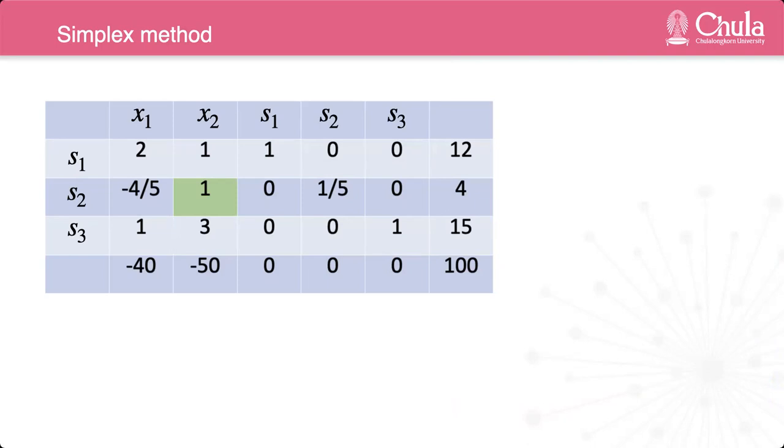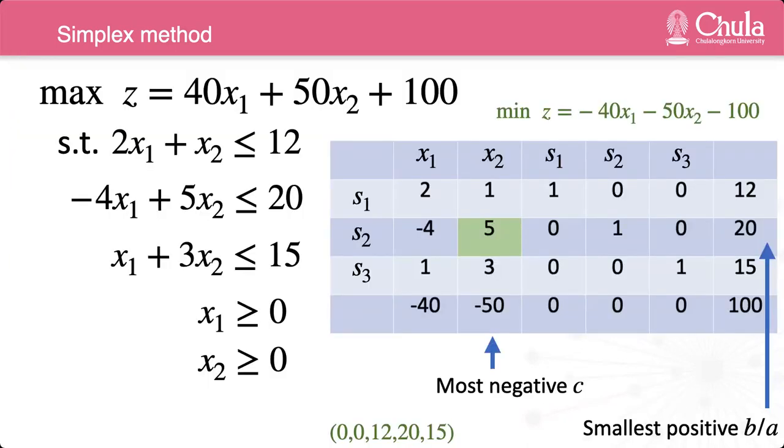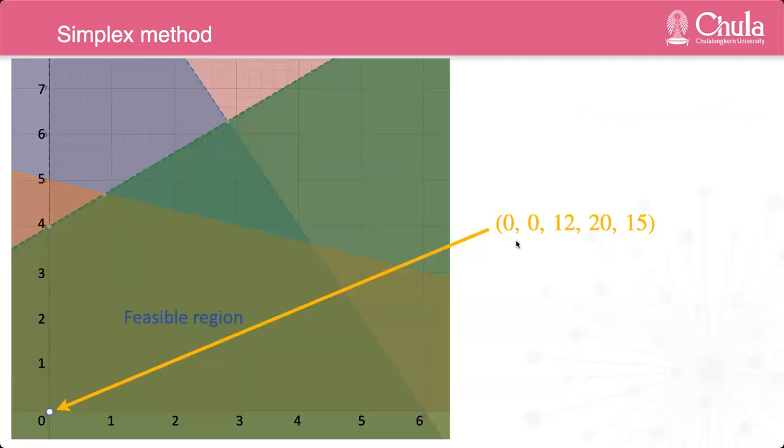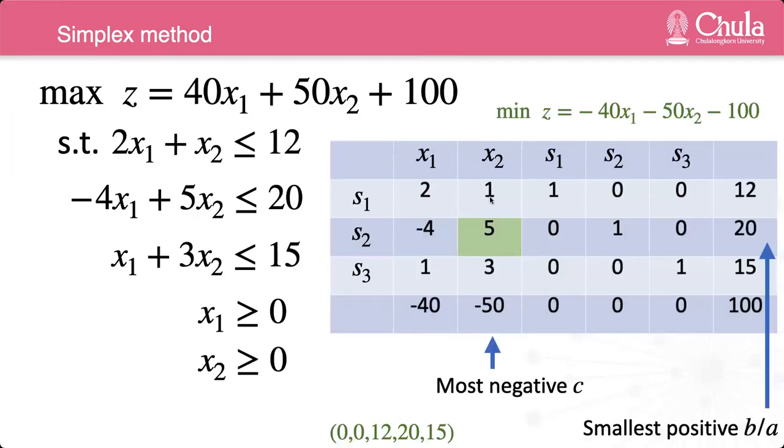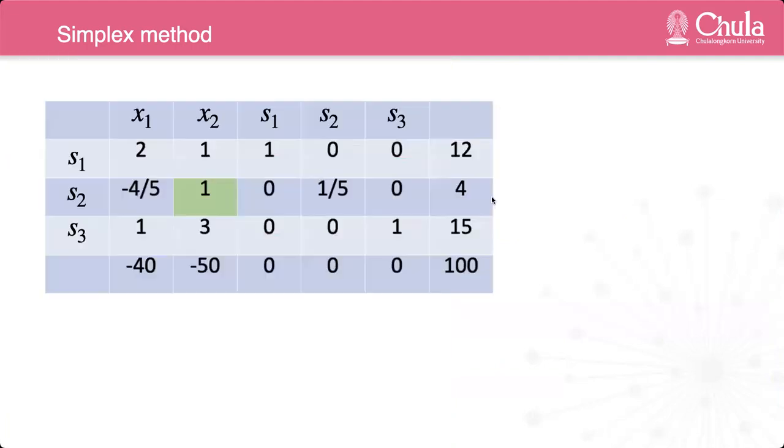What else should we do? Remember that when we find the solution, X1 and X2 become 0, right? Then we know the value of S1. However, if we move, this one is not 0 anymore, because X2 is not 0 anymore.